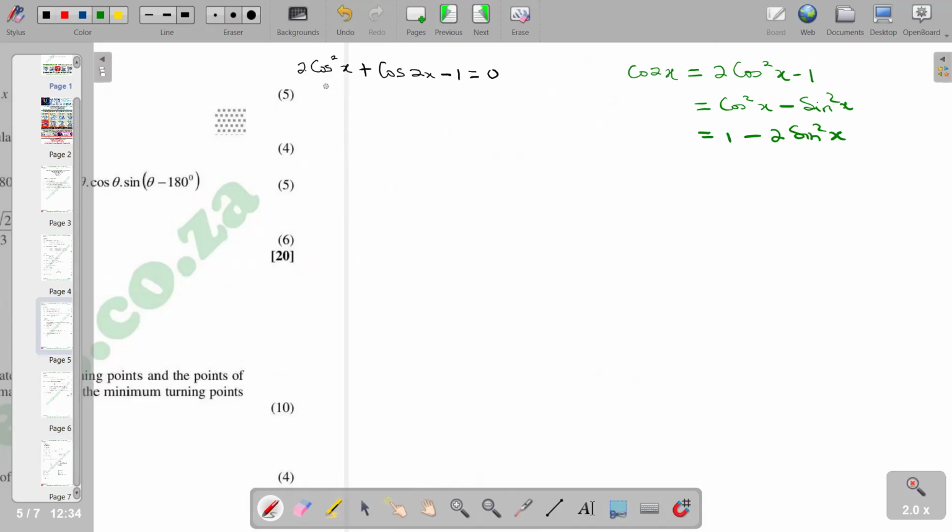To solve a trigonometric equation, one method, if you cannot factorize, is to make sure that all the terms are in terms of a single ratio. In this case, we have a formula which expresses them in a single ratio, which is cos, so we are going to use this formula.